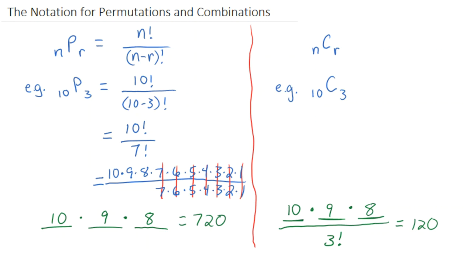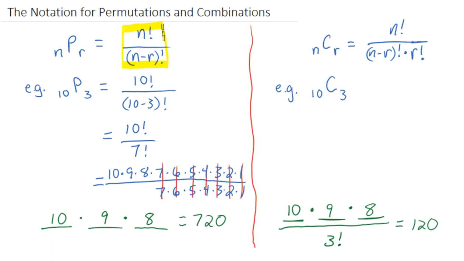I'm going to go through a similar process with the combination. So the formula for the combinations is given as n factorial divided by the quantity n minus r factorial times r factorial. So this one has a little bit more to it than permutations, but if you look here at our permutations formula, that's this piece right here.